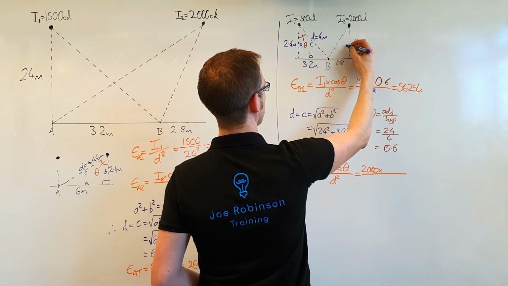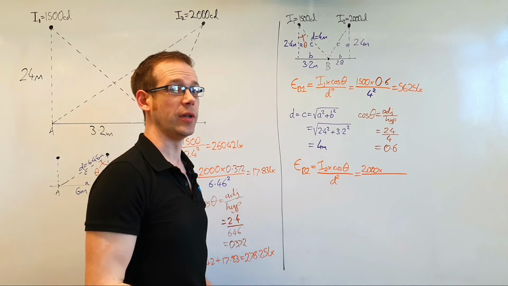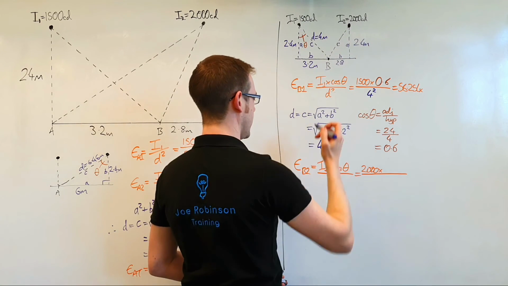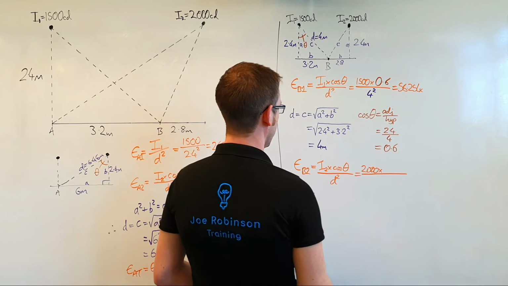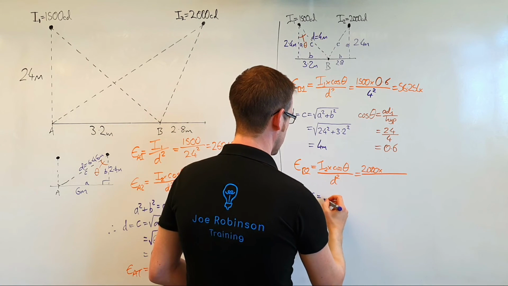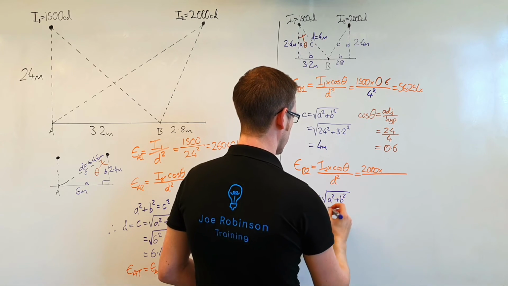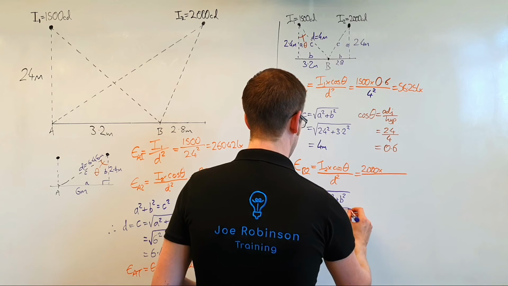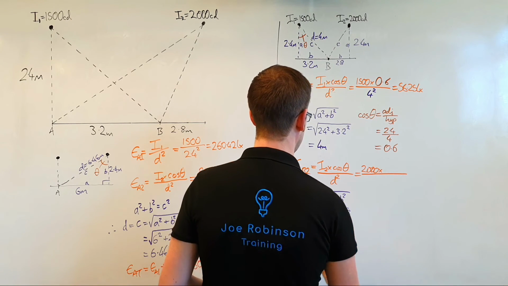Therefore, if we label these A, B, and C, we can just repeat Pythagoras' theorem to find the distance from here to here. C is equal to the square root of A squared plus B squared. So we've got the square root of 2.4 squared plus 2.8 squared.